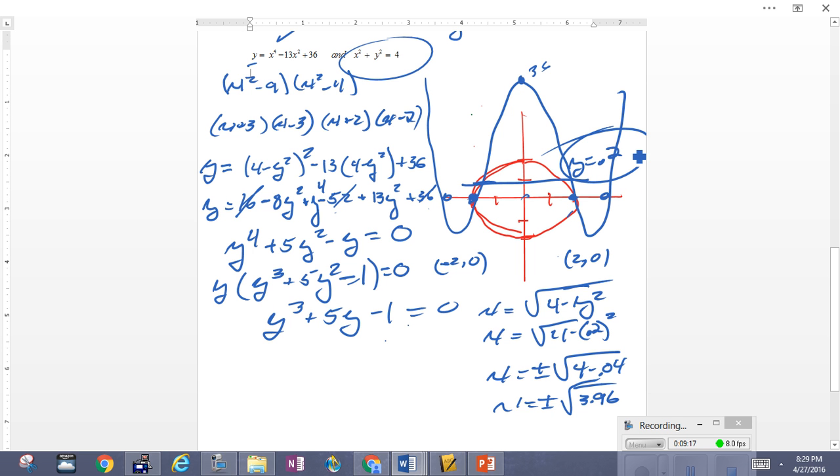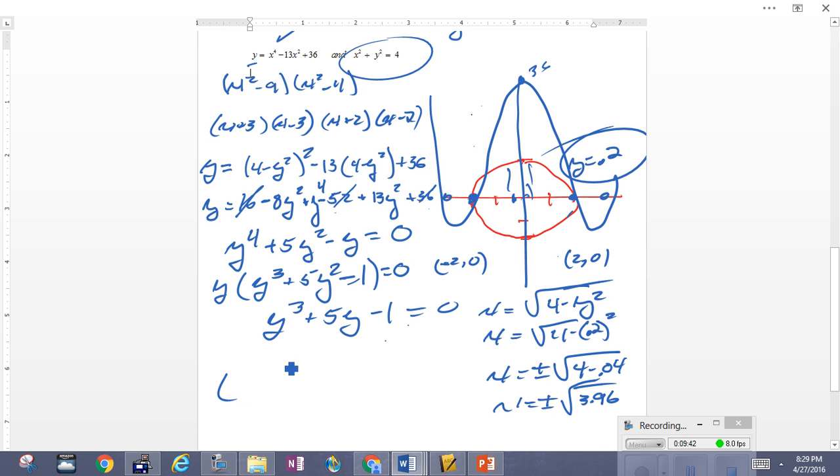Visually, we said it was at 0.2, and x positive and negative, so it's probably more in this line here. So we got those two points of intersection. I should say four points of intersection.